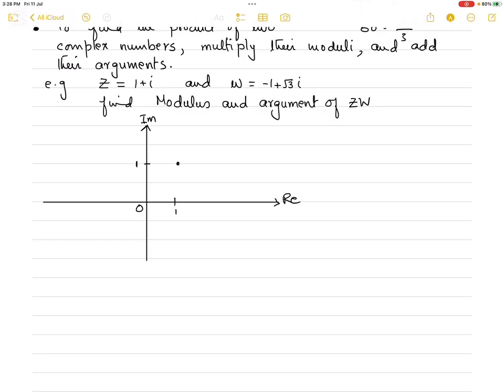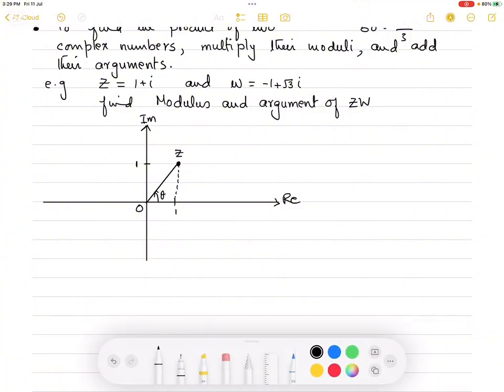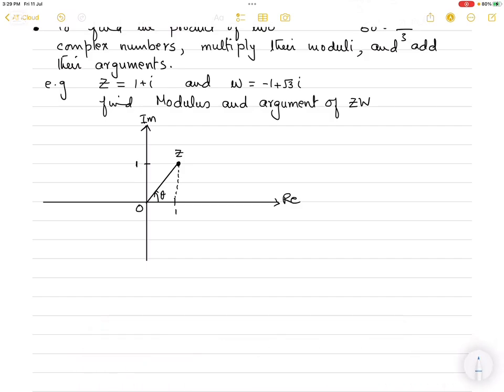So you mark this, this is your Z. This is your angle theta of Z. Now, negative 1 plus root 3.